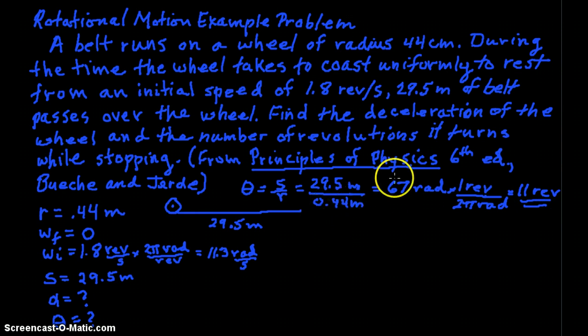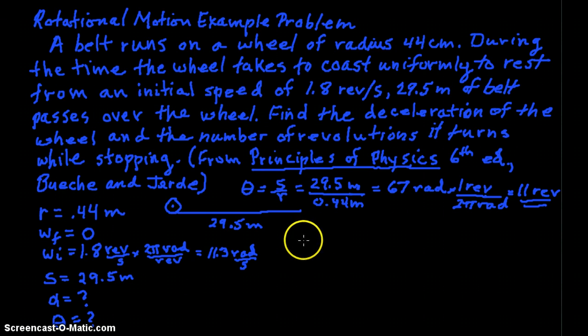So I've looked at the formulas, and I don't think it's possible to find the deceleration or alpha first. I think you have to find the number of revolutions first. So now we just have to determine alpha.